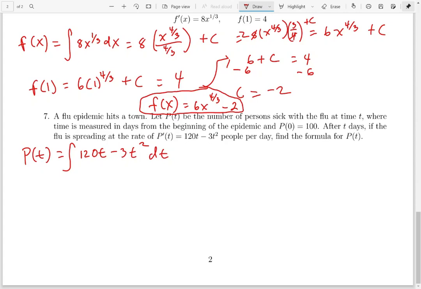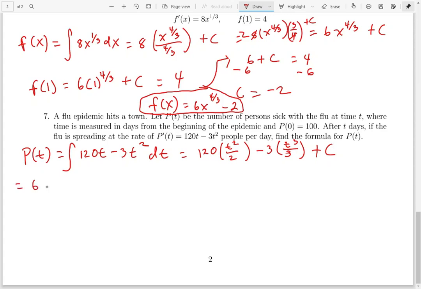What are we taking the integral with respect to? Well, what's that going to be? That's going to give us 120 t to the second over 2 minus 3 times t cubed divided by 3 plus some constant c. And clean that up a little bit.